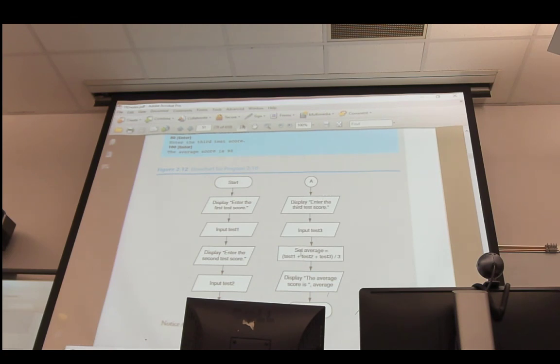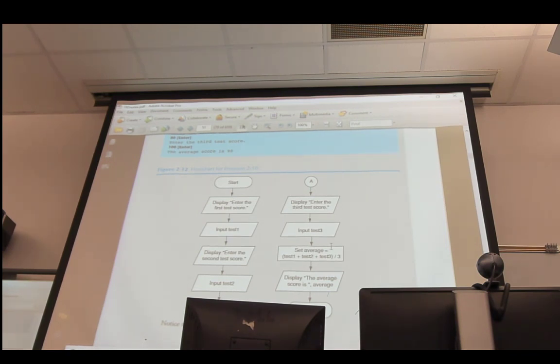Now, here it says, okay, we've collected all the test scores. Now here is our expression to calculate the average. Set average equal to, right? So that's like saying process average is equal to test 1 plus test 2 plus test 3 collectively, right?